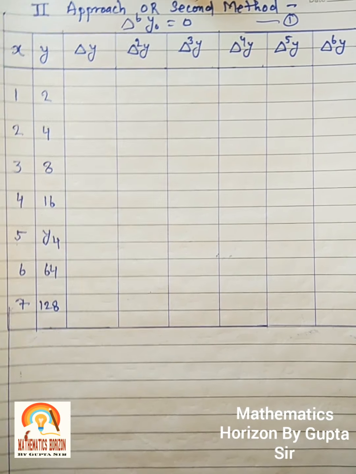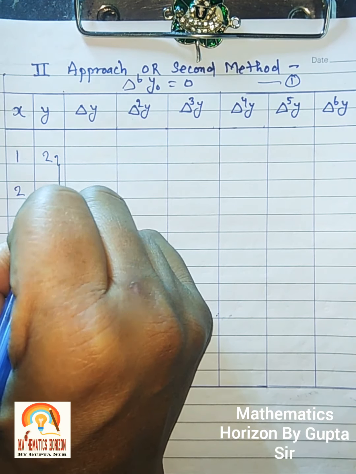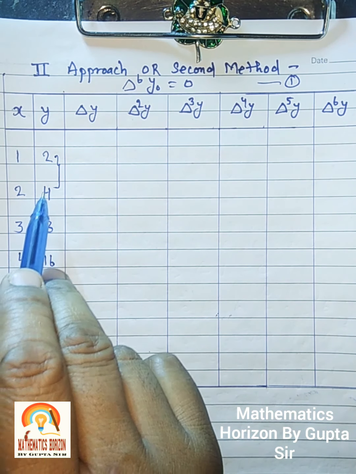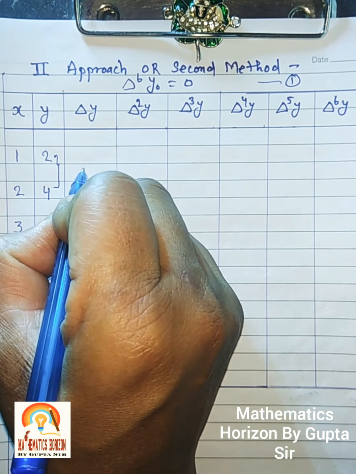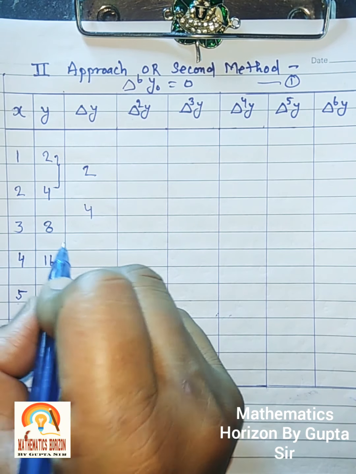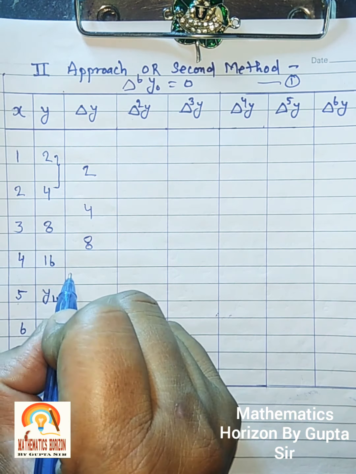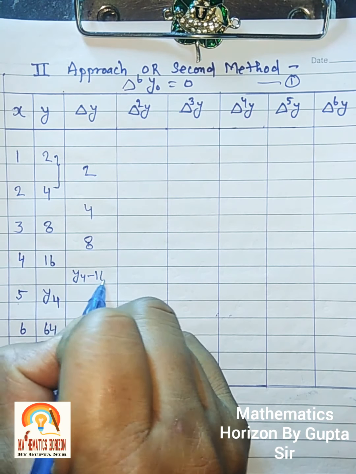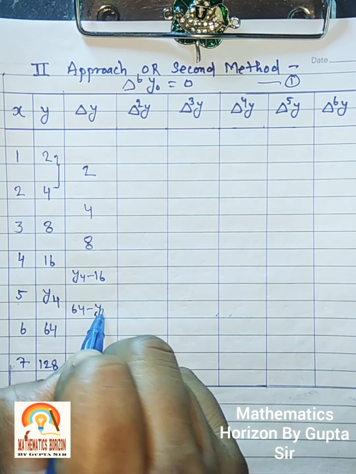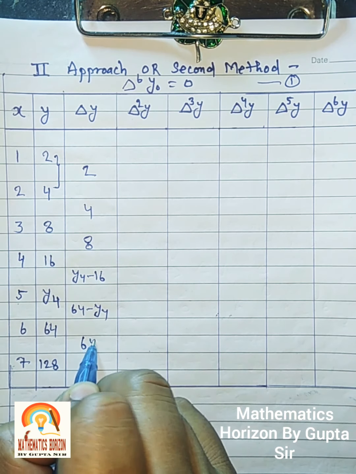Now we calculate differences. First order differences can be obtained by this minus this, that is 4 minus 2 is 2, 8 minus 4 is 4, 16 minus 8 is 8, y4 minus 16, and here 64 minus y4, and here 128 minus 64, that is 64.